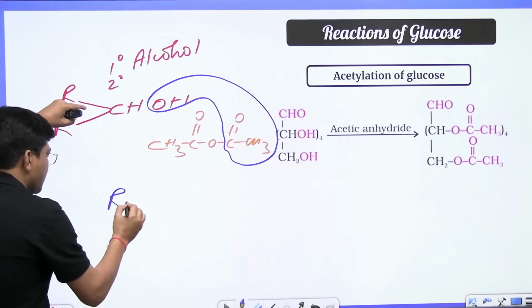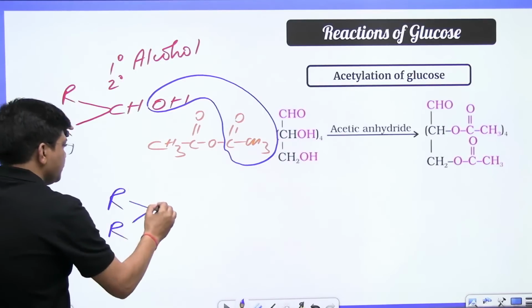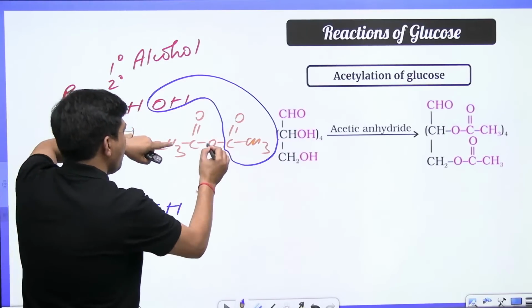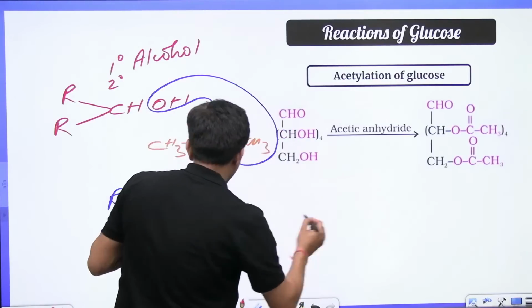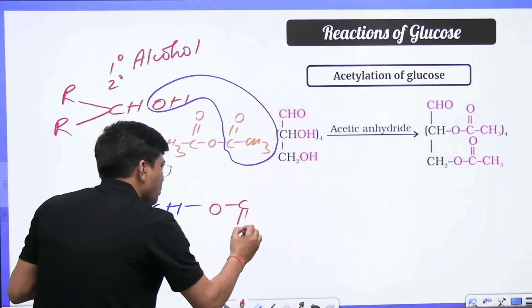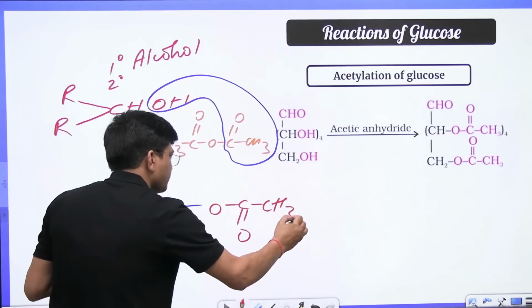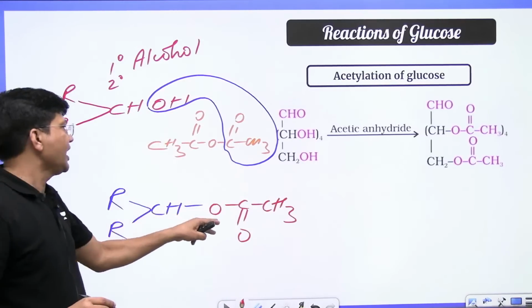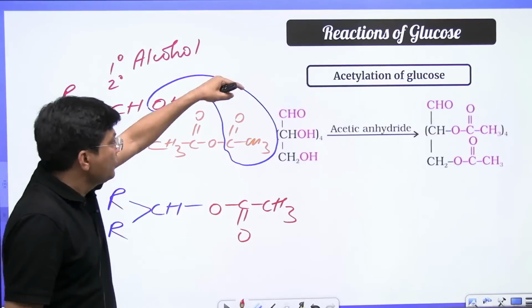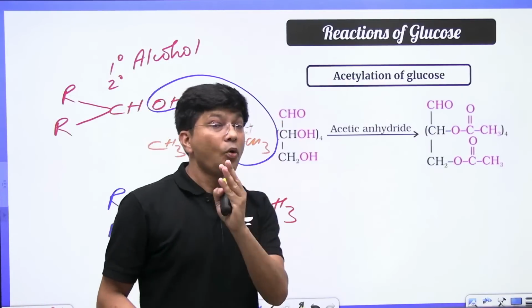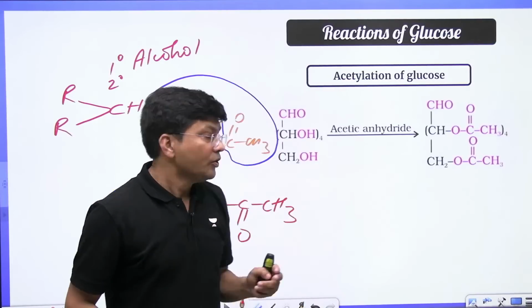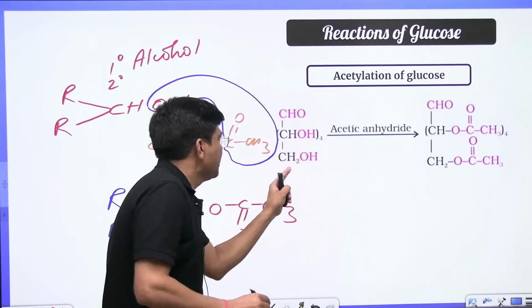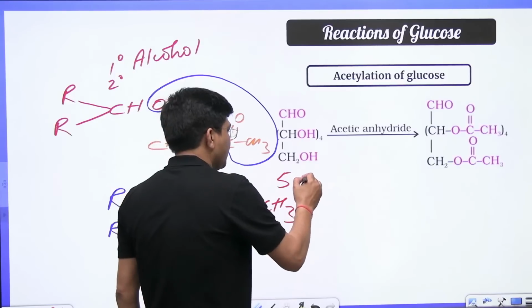So what you will get is R, CH, O, CO, CH3. So this acetyl group will form a bond. So how many OH groups does this glucose have? Could you please let me know? Glucose has 5 hydroxyl groups.